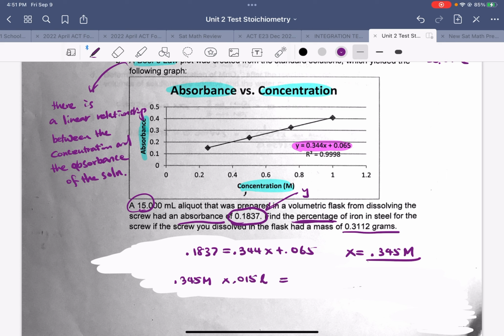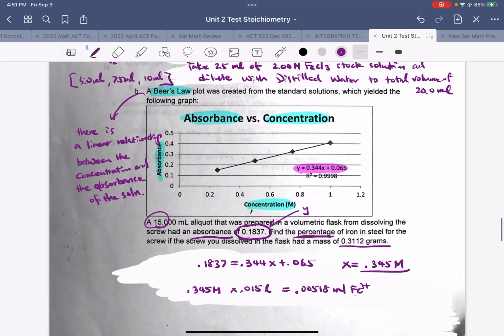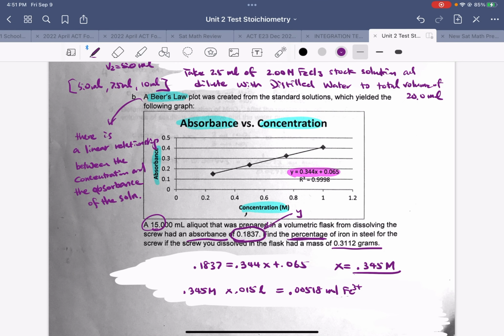That will give you how many moles? If you multiply, you have 0.00518 mole of Fe3+. Okay, that's this ion.